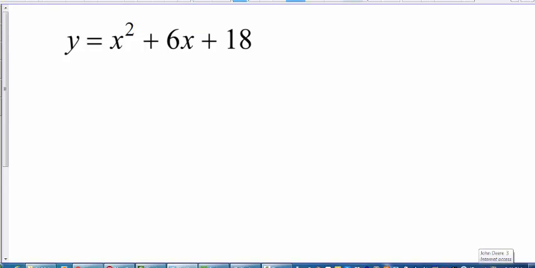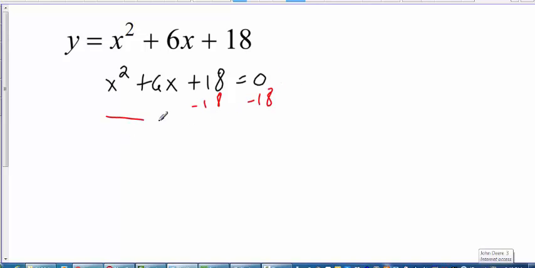So first things first, we're going to set it equal to 0 and move our constant, the 18, to the other side.